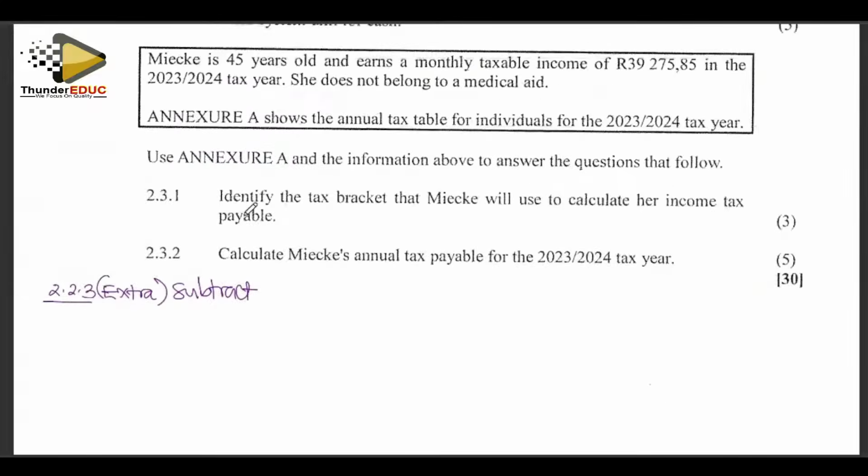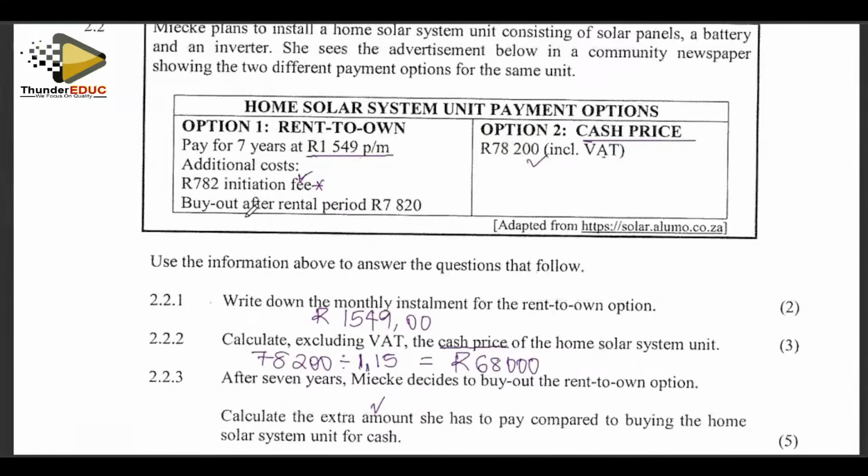That means the moment you hear extra, we shall need to subtract somehow. Anyway, we need to find out how much she will spend over the 7 years. Because this is monthly, we shall multiply this by 7, again multiply it by 12 to find out how much it is.